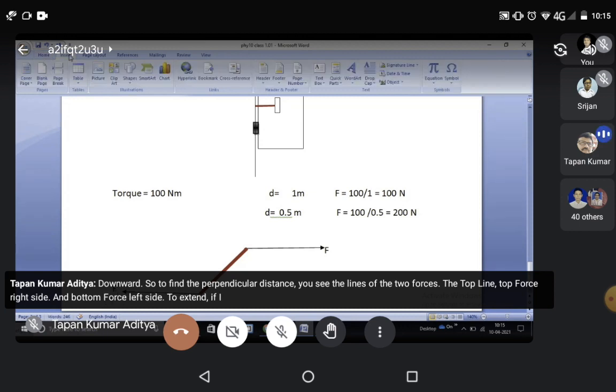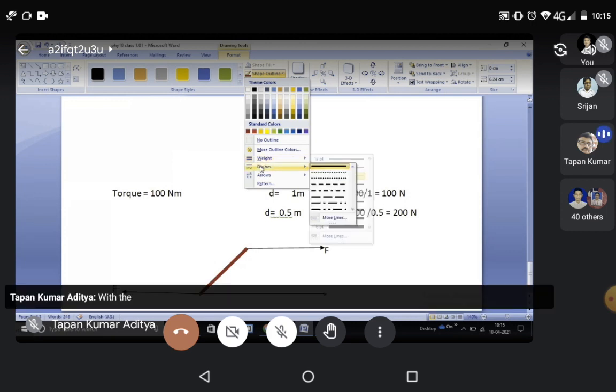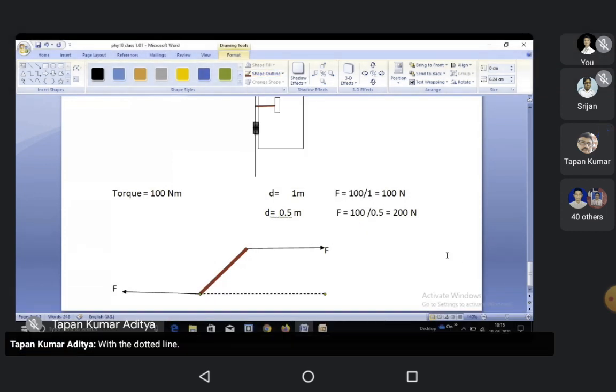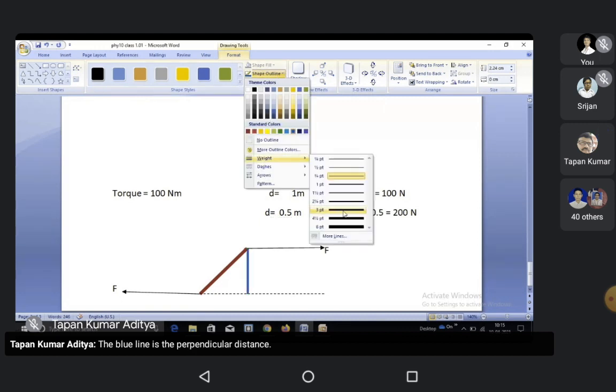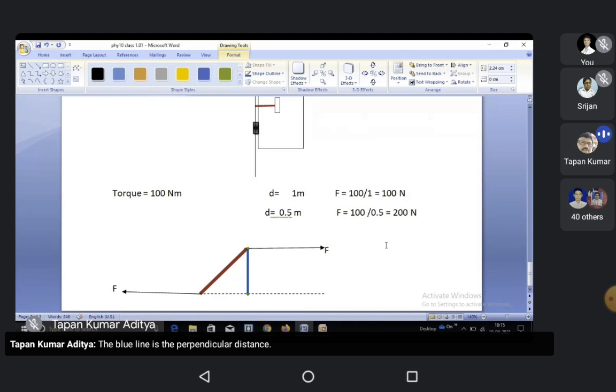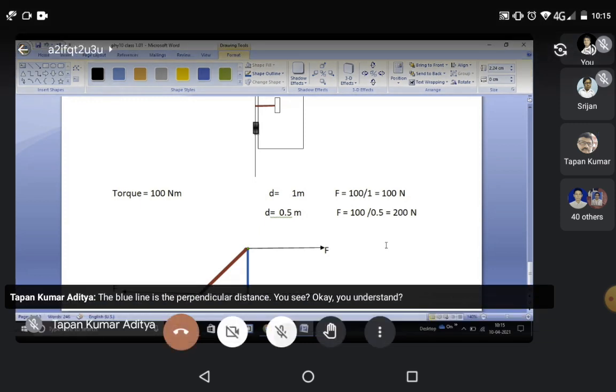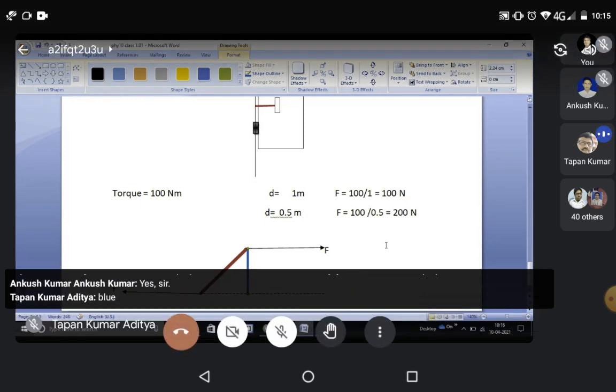If I extend the lines with the dotted line, now you drop a perpendicular. The blue line is the perpendicular distance. You see? You understand? Yes, sir. The perpendicular distance is the blue line.